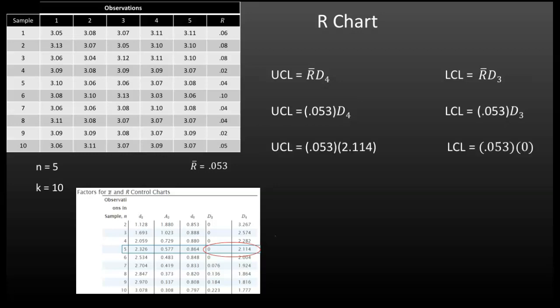So now we plug those into our formulas. So our upper control limit will be 0.053 times 2.114, and our lower control limit will be 0.053 times 0. So upper control limit should be 0.1121, and the lower control limit should be 0.